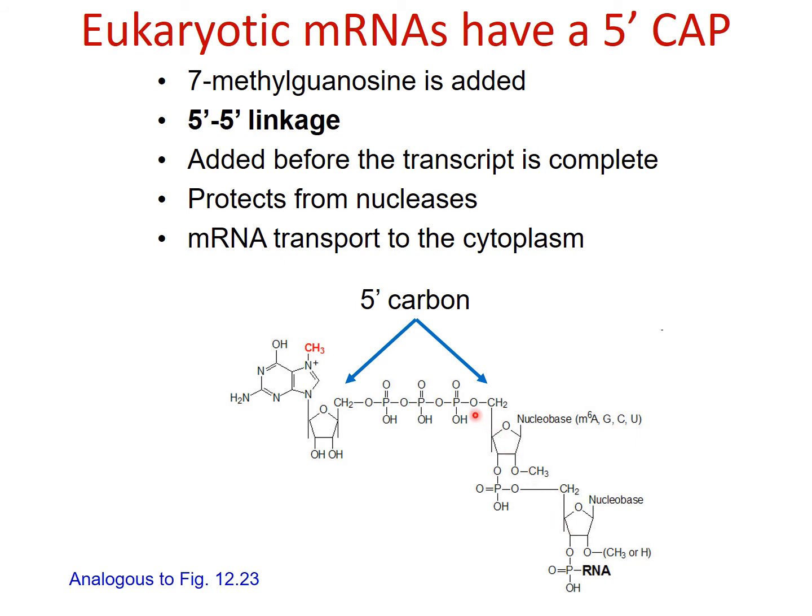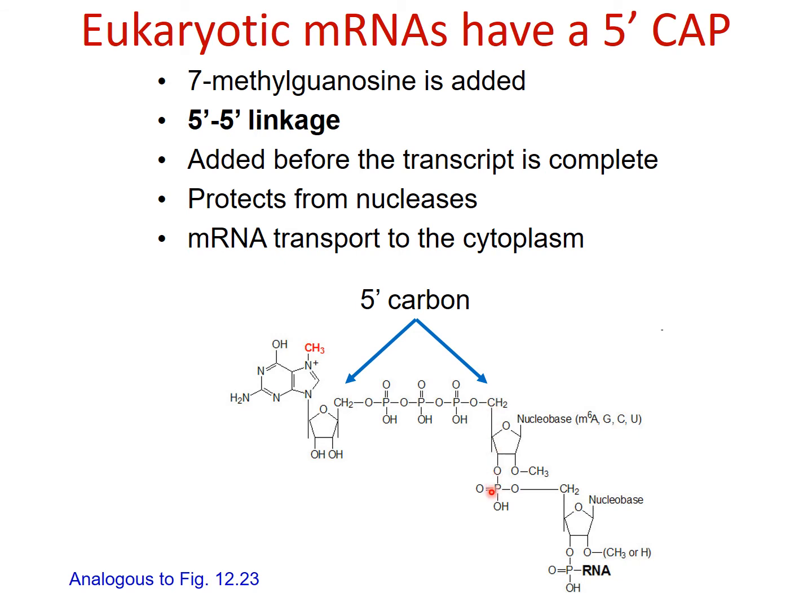But at the 5' end of the messenger RNA, there's another nucleotide that's not coded within the DNA that gets added on. It's a 7-methylguanosine, so it has this methyl group here. It looks like guanosine, except with an additional methyl group. And it is linked from its 5' carbon, as we've talked about in previous lectures, to the 5' carbon of the end of the messenger RNA.